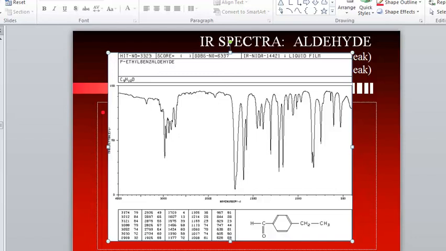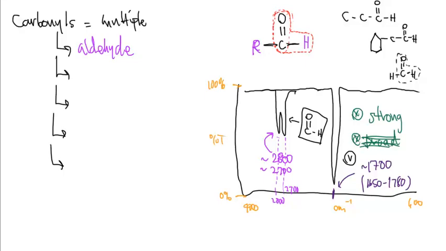So at 2800, which is right here, I come up, and I see a small little jagged peak right there. And then at 2700, which is here, I come up, and I see a little stronger band that's right there. But I see the presence of a 2700 and a 2800. So that double dip is the presence of the aldehyde, right?